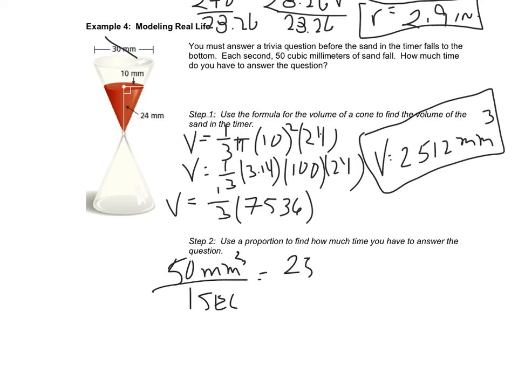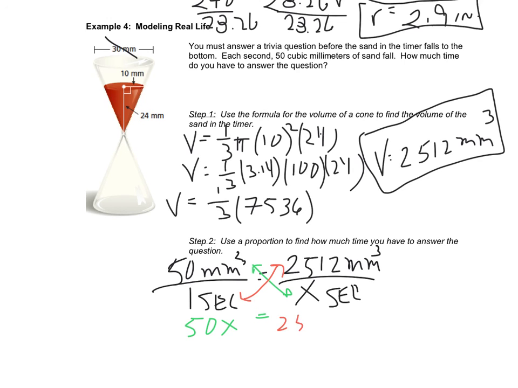And we need an equal ratio on the other side. We're going to use our 2,512 cubic millimeters per x seconds. Well, that's what we're looking for. We don't know how long that's going to take. So when you solve your proportions, you do your cross products. You would do 50 times x to get that first one. You would then do the denominator times the other numerator, 1 times 2,512 gives me 2,512.